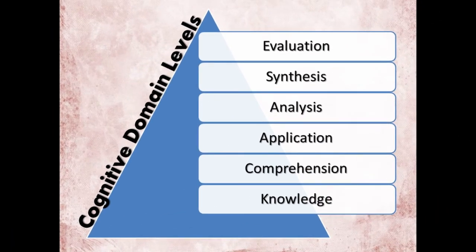Now, the levels of the objectives are as follows. This is the original taxonomy that Bloom and the original group crafted. The lowest is knowledge, and then comprehension, application, analysis, synthesis, and evaluation.